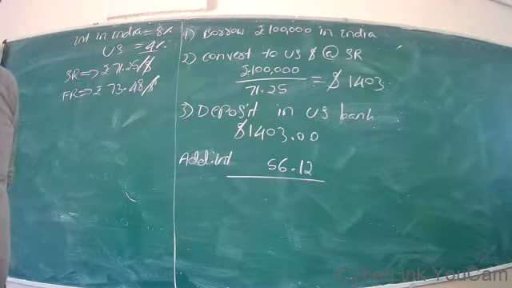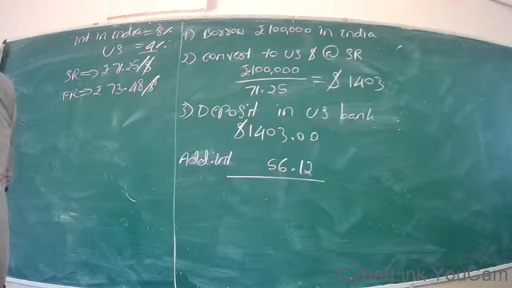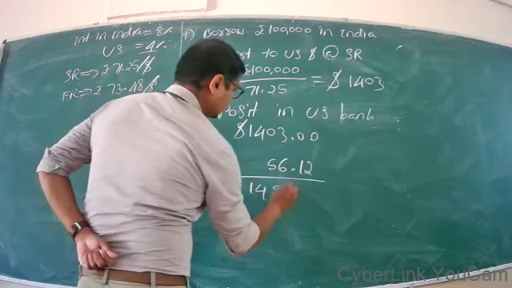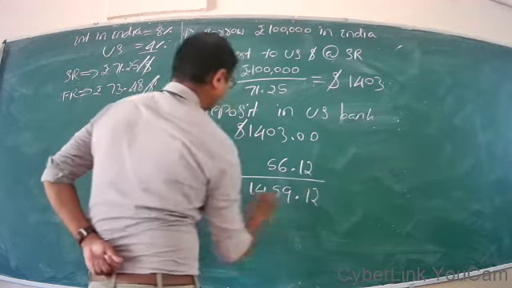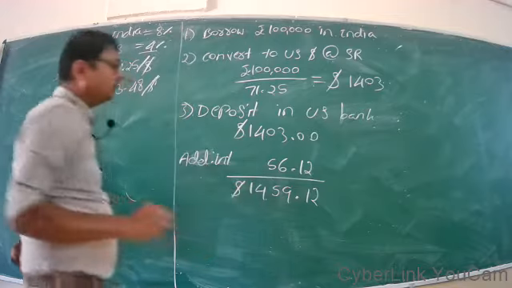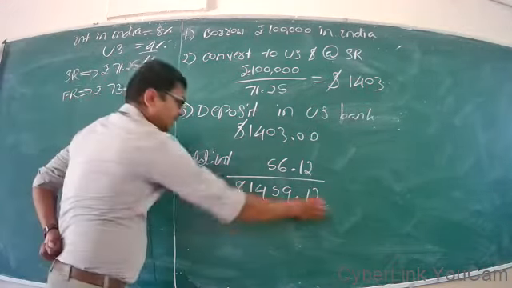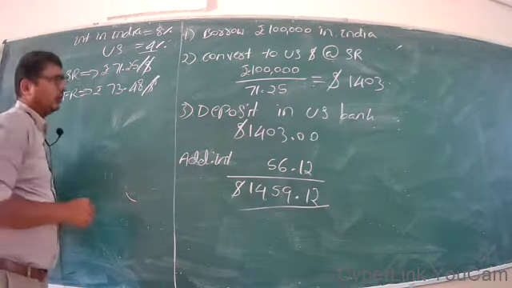You get a return of 1,459 US dollars. Now you get this matured amount after 1 year.